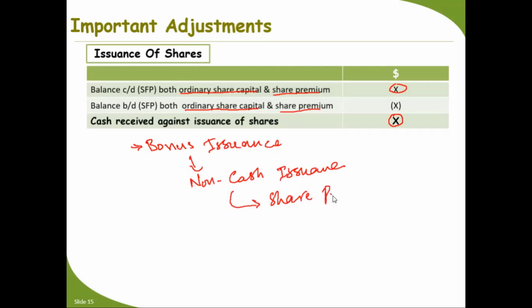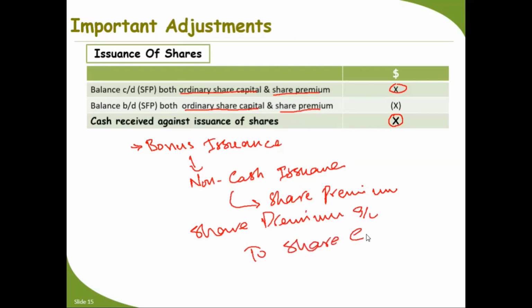So its adjustment is very simple, because its journal entry would be share premium account debit to share capital account credit.